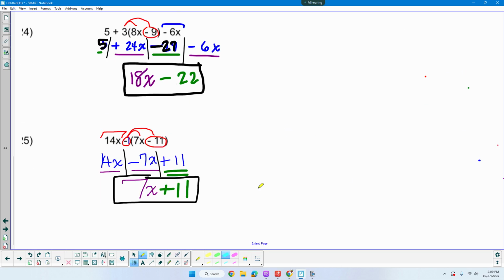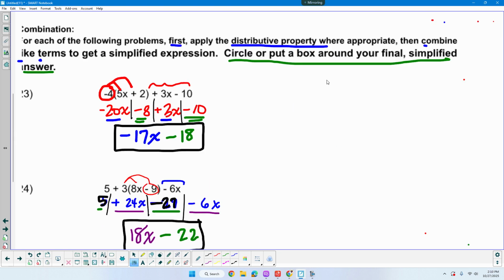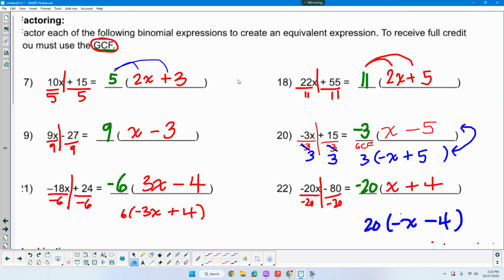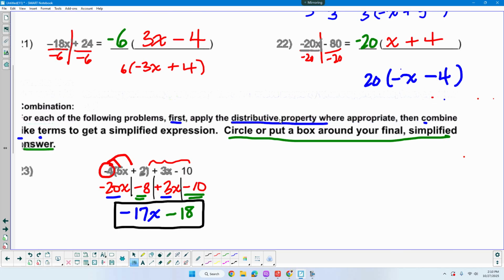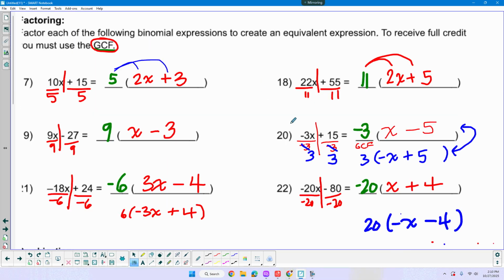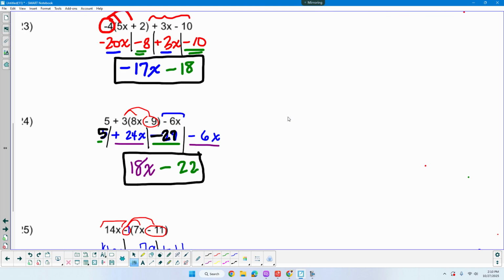Then when you get done with the entire test, there's no prize for being first. So you might as well take your time, go back, double check everything, check your signs, make sure you made the answers clear. If you were supposed to circle, you circled or put a box around your answers. All of that stuff is stuff you could check. We've had people skip entire questions that, if they had gone back and double checked, they'd be like, oh, I didn't do question 18. Oops. And then they go ahead and do it. So you want to make sure you check before you turn in your paper.